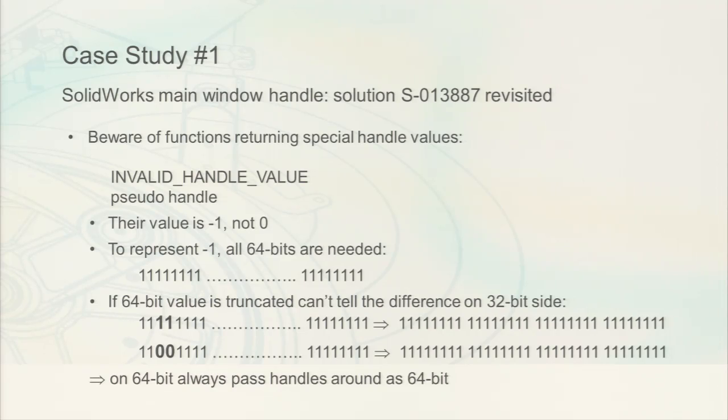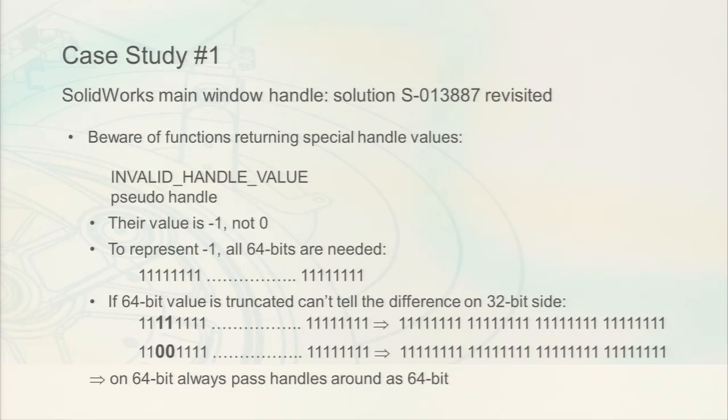So if you start to lose that due to truncation, then you can no longer tell the difference on the 32-bit side between this 64-bit number and this 64-bit number. What you're left with is all ones in both cases. It just forgot about these two zeros.